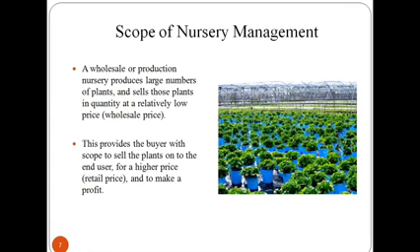The scope of nursery management is to improve profitability through the adoption of industry best management practice and continuous improvement. It improves customer confidence at all levels of the distribution chain. It provides tools for managing environment and resource impact.